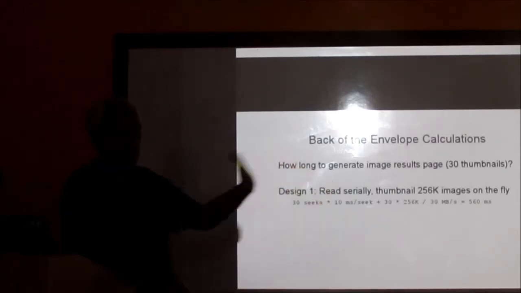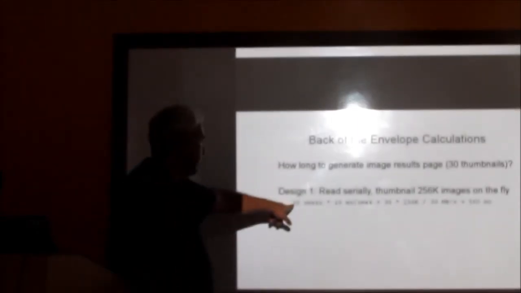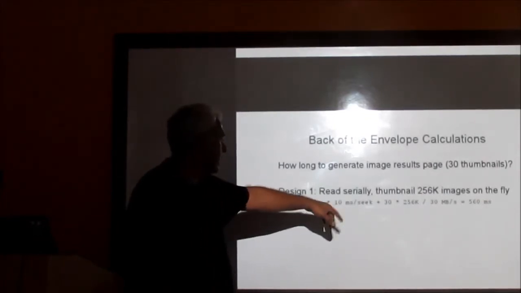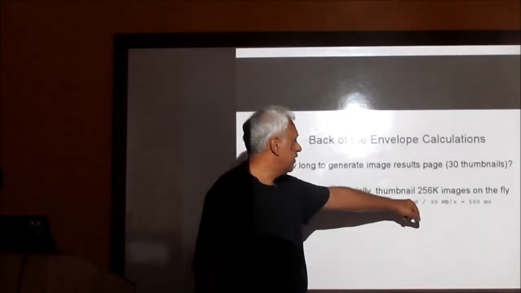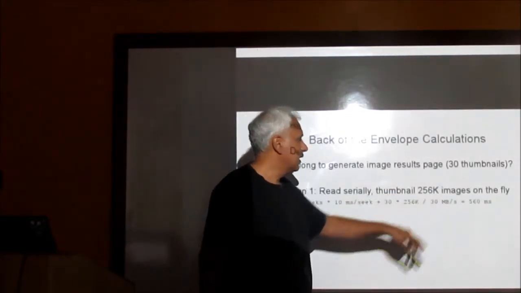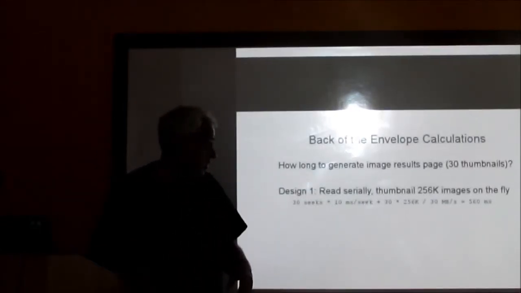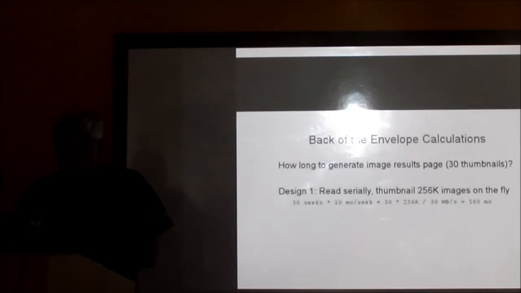If you're doing a search and you want to get the thumbnails of the images, say 30 thumbnails, you do 30 seeks, assuming they're all at different places, at 10 milliseconds per seek, plus 30 times 256K, that's the size of the image, at the bandwidth that you have. So that's 560 milliseconds, a quick back of the envelope calculation. So it's about half a second.